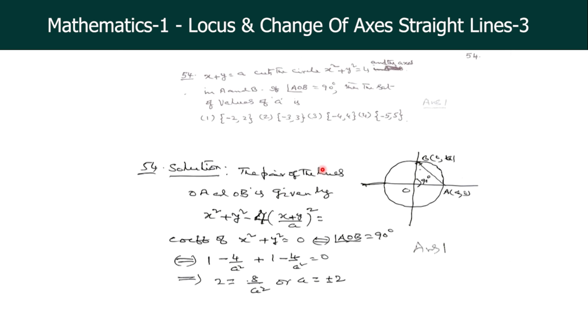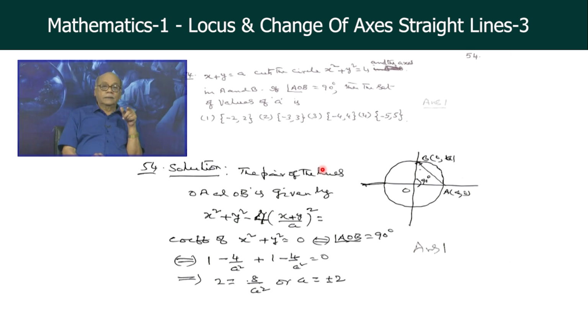And now you know the formula that if a straight line lx plus my is equal to 1 cuts a second degree curve represented by a second degree equation in 2 points A and B, then the combined equation of the pair of lines OA and OB, where O is the origin, is given by ax square plus 2hxy plus by square plus 2gx plus 2fy, into x plus y by a.